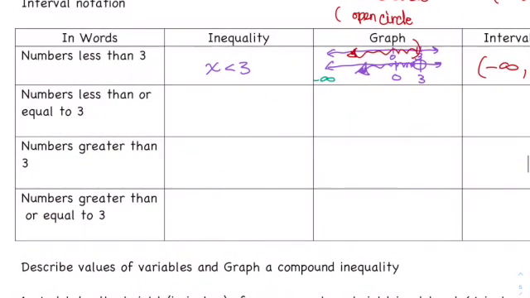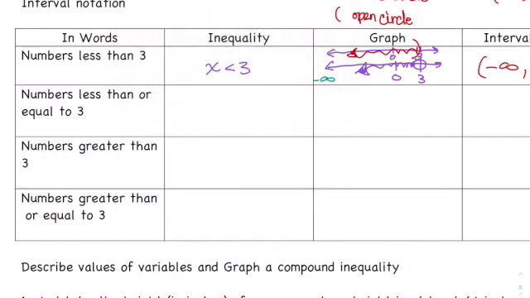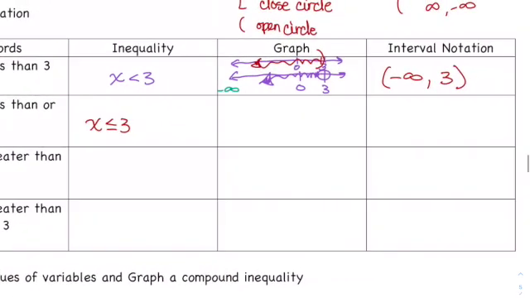Then the next one, number less than or equal to. If you have less than or equal to, the letters are going to look like this. You can use N, you can use X. If you like to use N, go ahead. If you like to use X, go ahead. So X is less than or equal to 3. Now, when you have an equal to, that means inclusive. If you graph it, here is what it looks like. I will put it both ways for you to see.